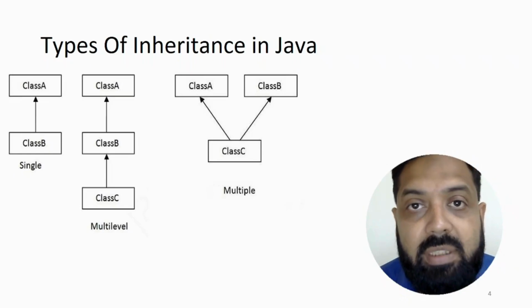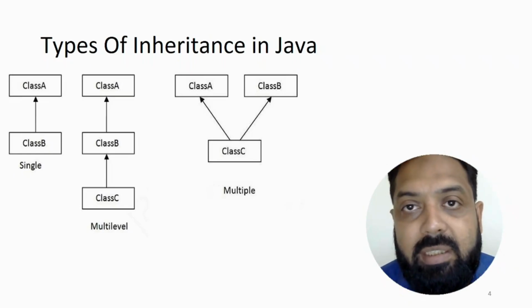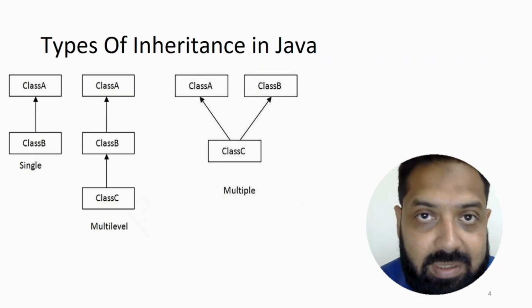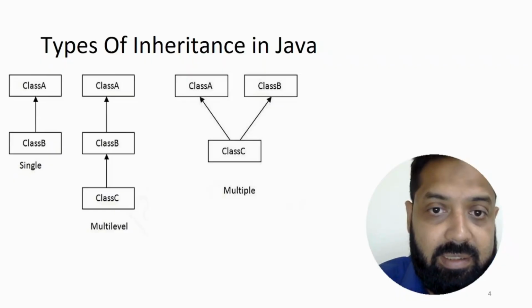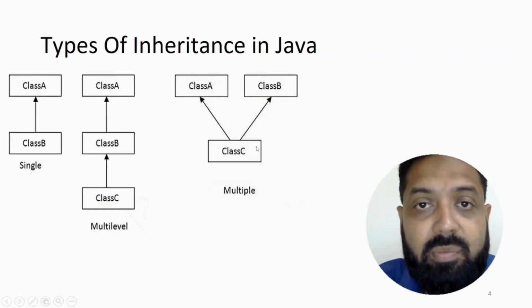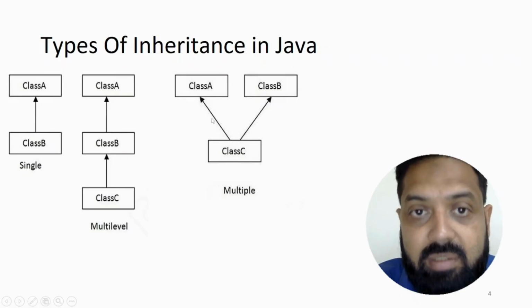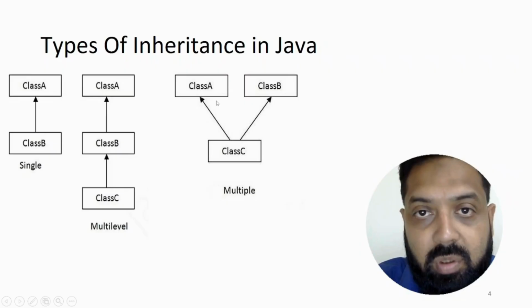If Java does not support multiple inheritance, what is the way to achieve it? Multiple inheritance is that type of inheritance in which we have a child class C inheriting attributes from multiple classes, more than one class.